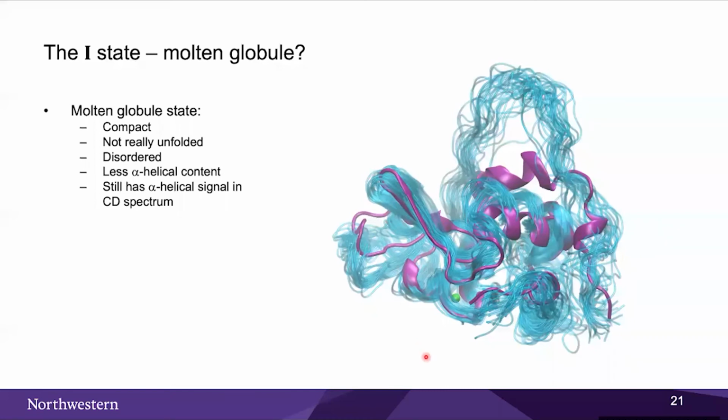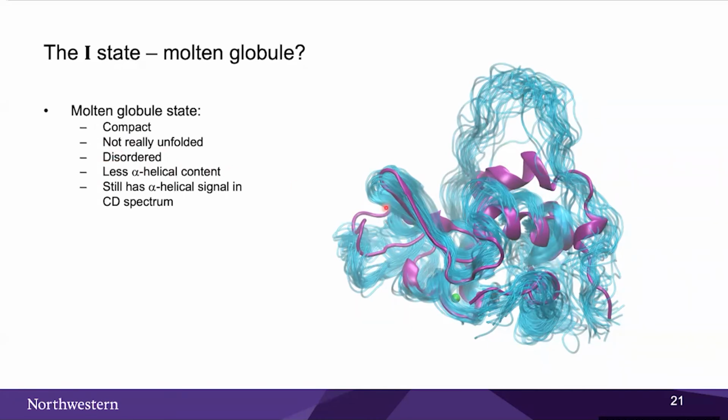We can then use this figure to scrutinize the different descriptions associated with this state. Is it compact? For sure, it's pretty compact. Actually, you can align most of the backbone onto the crystal structure. Is it not really unfolded? Yeah, for sure, because most of the protein is actually there.